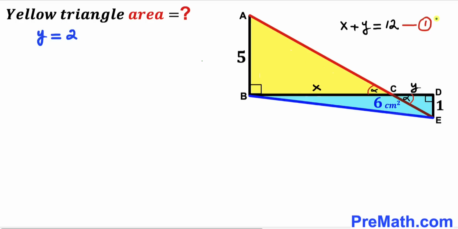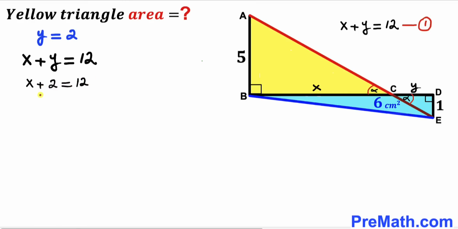Now let's focus once again on equation 1, x plus y equals 12. We just figured out the y value is 2, so I'm going to substitute 2 for y. We can write x plus 2 equals 12.